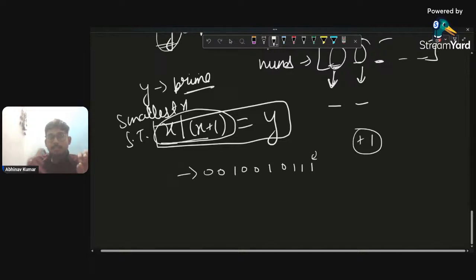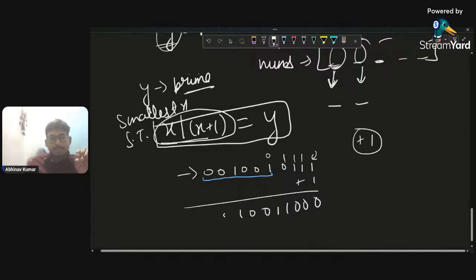If this is 1 and we add 1, this 1 would become 0 and a carry of 1 would be obtained. Then this would become 0, a carry of 1 again. This would become 0, a carry of 1 again. This would become 1, and after that there would be no carry. So all these remaining bits would be copied as they are.